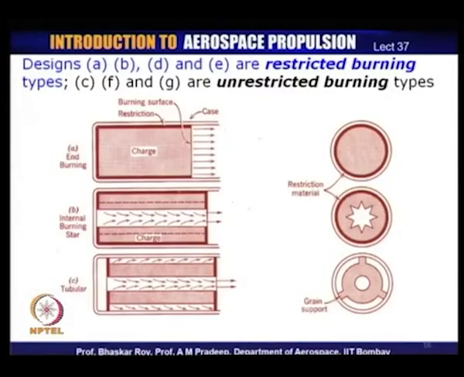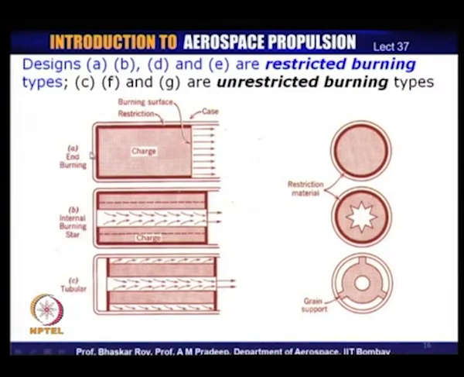These are some of the cross-sectional designs and the sidewise views of the so-called grains of the solid propellant rockets. Now, you can see here some of them are marked as restricted burning types. The restricted burning types have these solid linings around them.